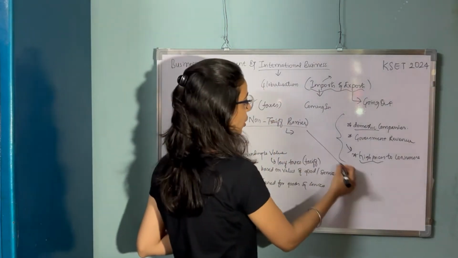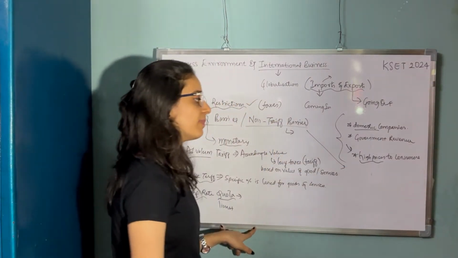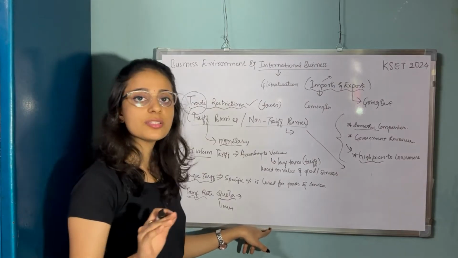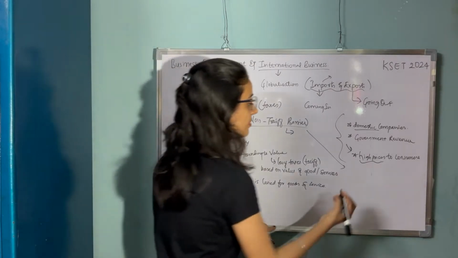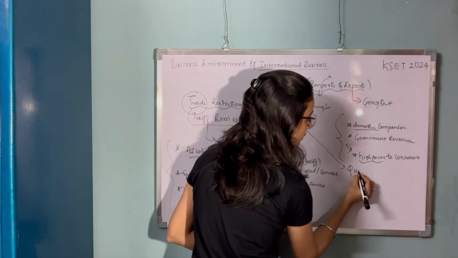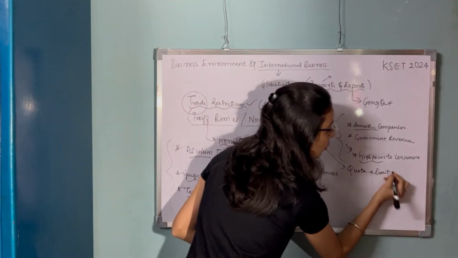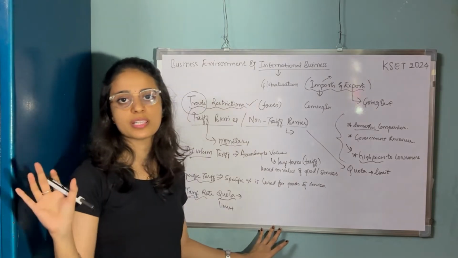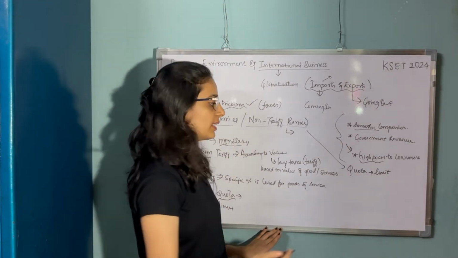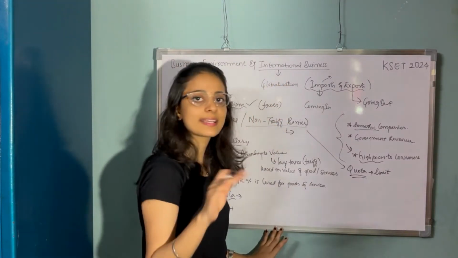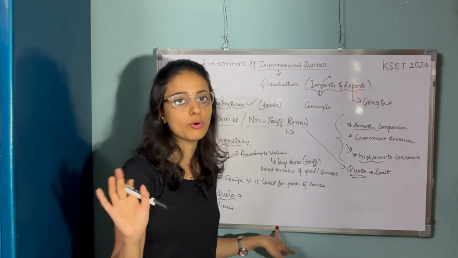Now what are non-tariff barriers? Non-tariff barriers means restrictions on goods and services. First, it is about quotas. Quota is nothing but limit. We are limiting the number of goods and services that can be imported. There will be a certain quota. Exceeding that quota, you cannot import goods and services.